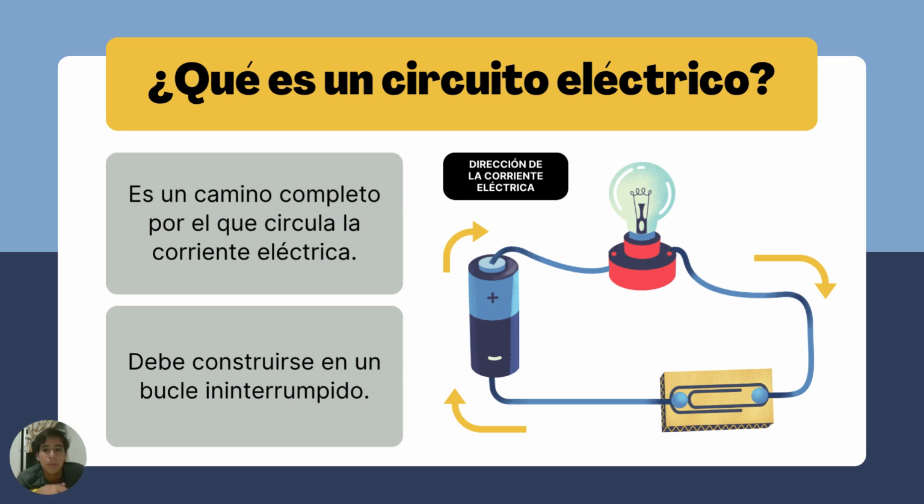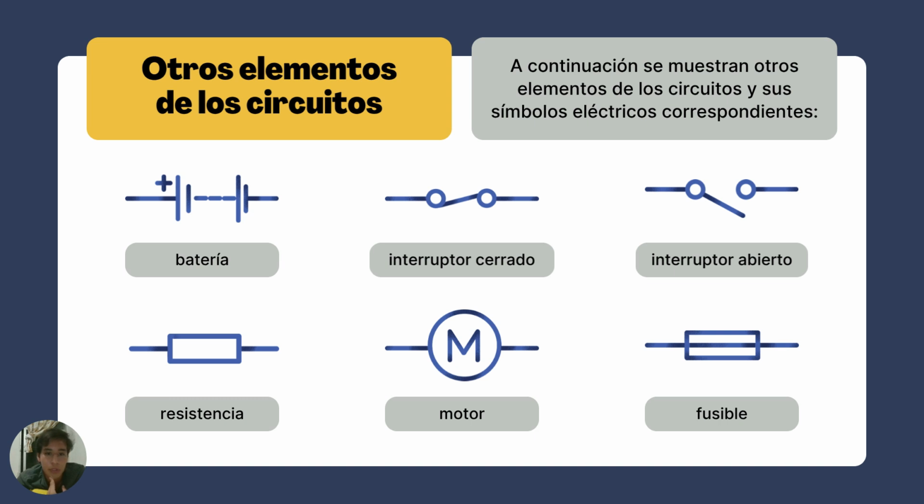The most common example is a battery or a generator, like this. Then, a conductor. These are the paths that allow electricity to travel around the circuit. Copper wires are the most used in these circuits because they allow electricity to flow easily.